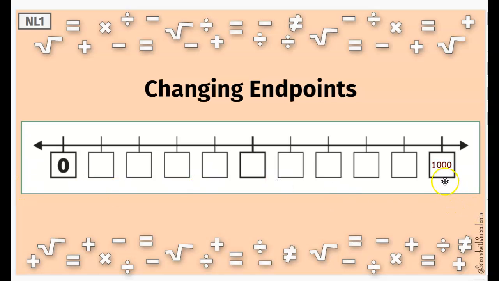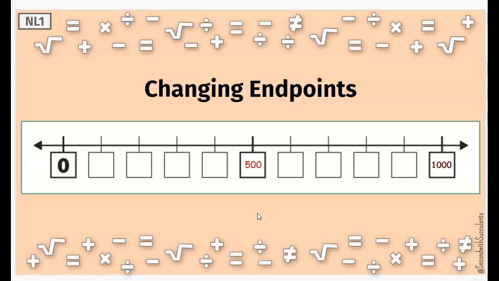Our endpoint is 1,000. Any idea what we're counting by yet? What if I told you that the number in the middle was the number 500? Can you fill in our number line now?